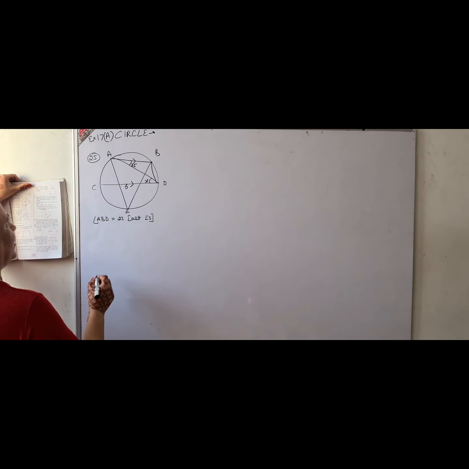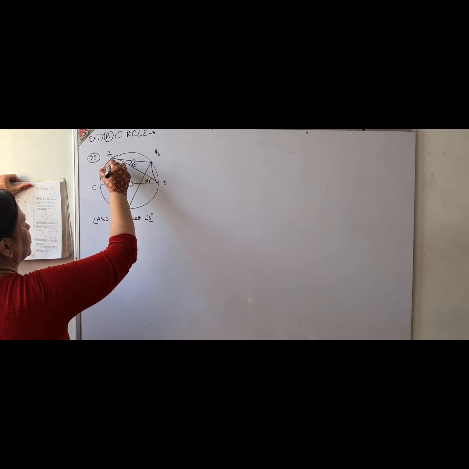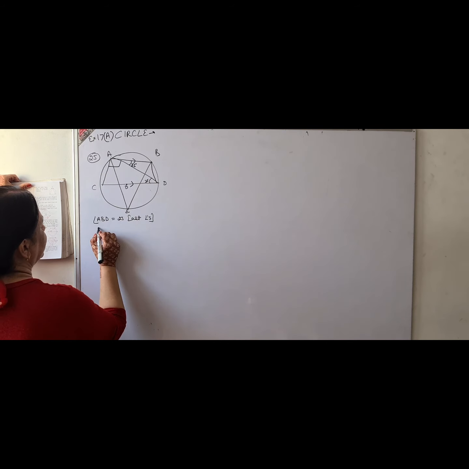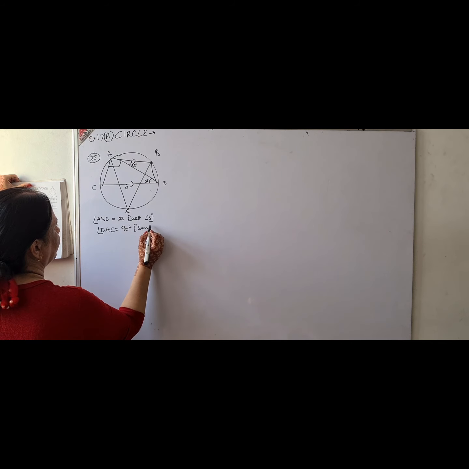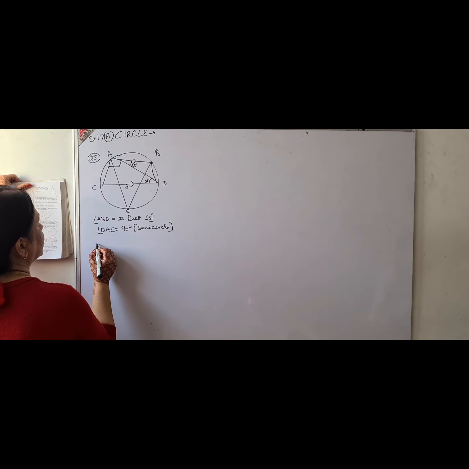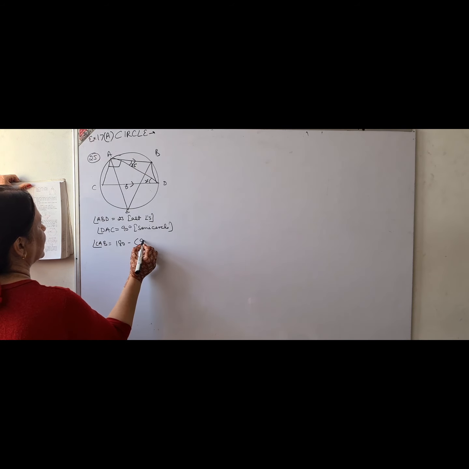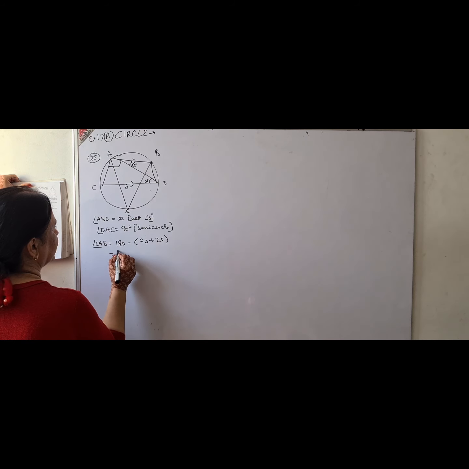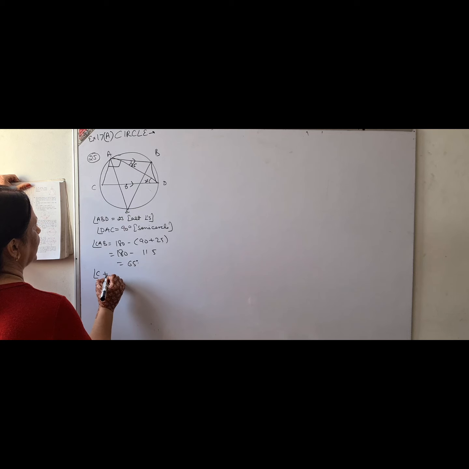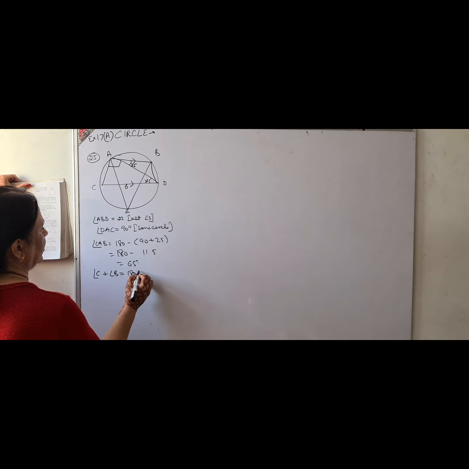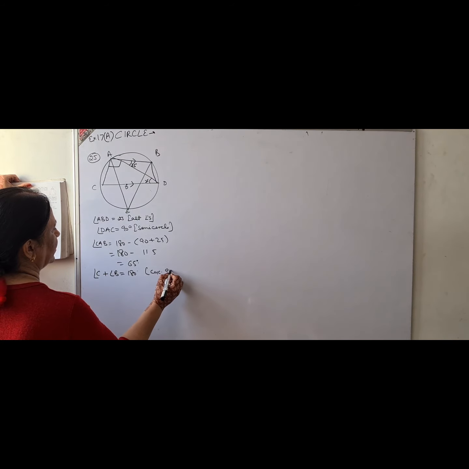We have to find angle AEB and we will use this later on somewhere, also join AC. Now angle BAC is equal to 90 because of the semicircle. So angle CAB is equal to 180 minus 90 plus 25. This is 180 minus 65 degrees. Okay. Now angle C plus angle B is equal to 180 because it is a cyclic quadrilateral.